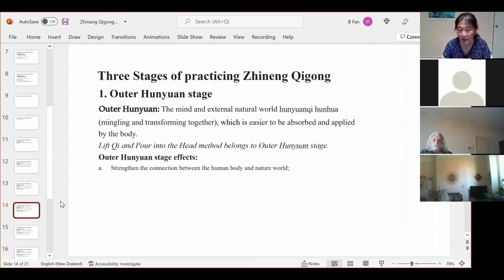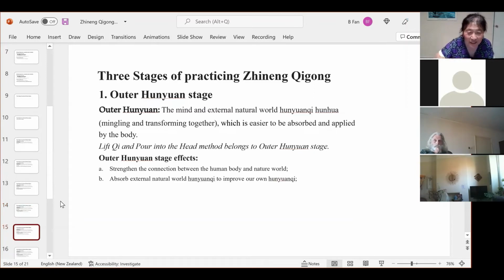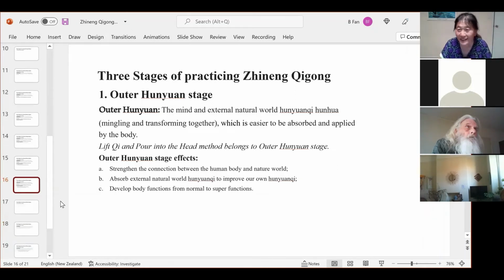So that's why we do the lift qi method. And you can also grab more in, because you connect with the outside closer, then you can get qi in much more easily. So that's outer Hunyuan. It can also develop functions from normal to super.